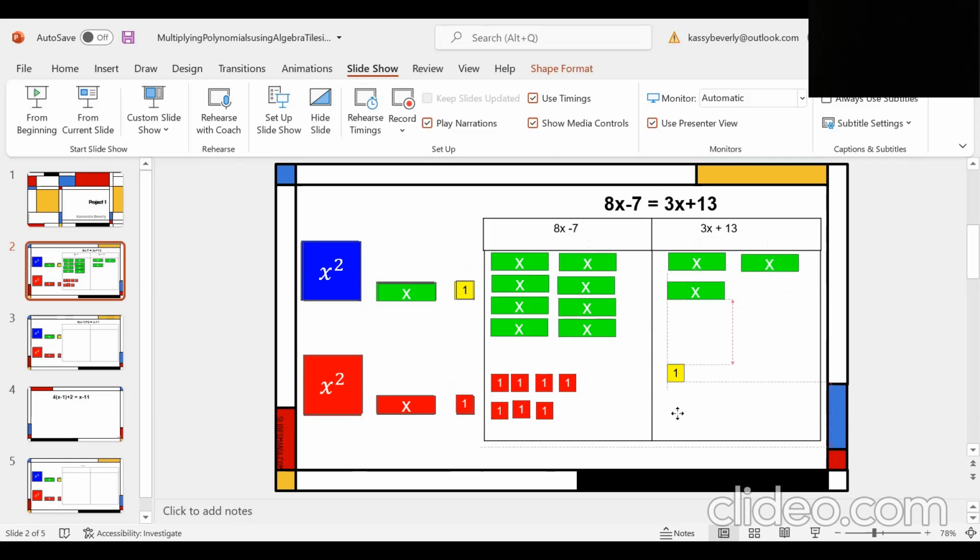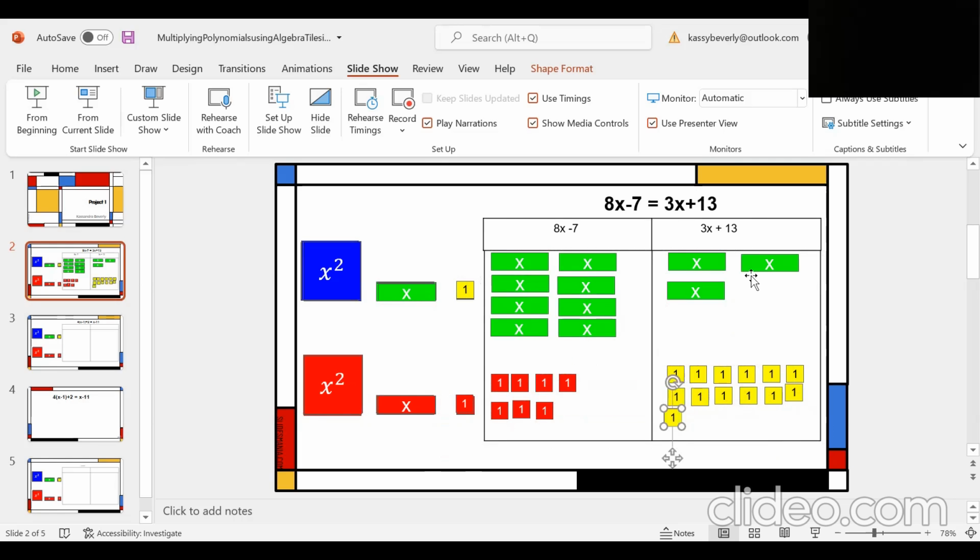So we're going to need 13 of the yellows. 1, and that's because these are positive. 2, 3, 4, 5, 7, 8, 9, 10, 11, 12, 13.